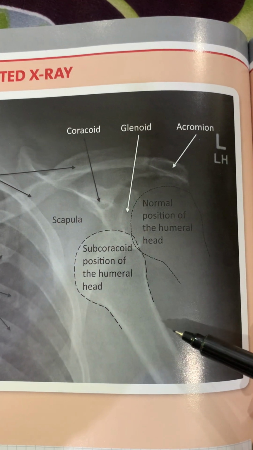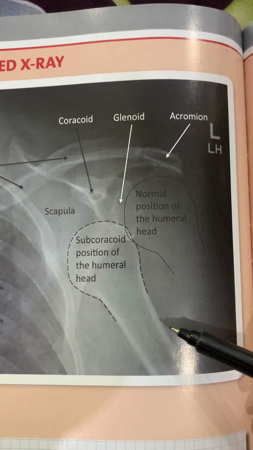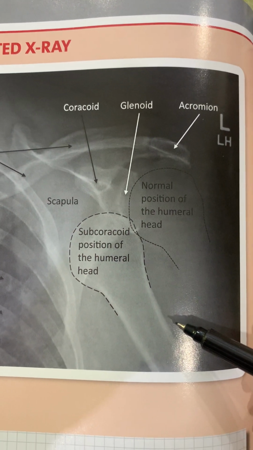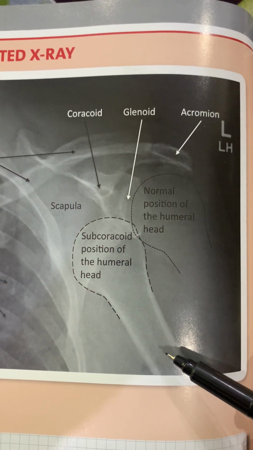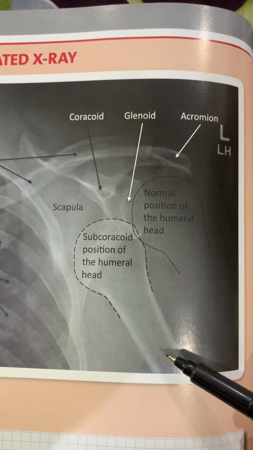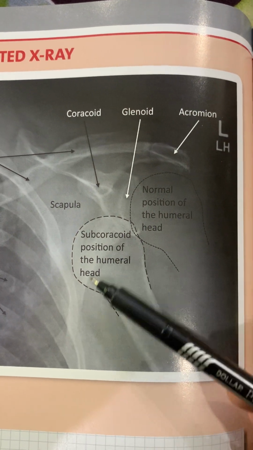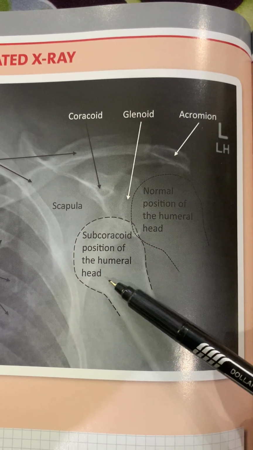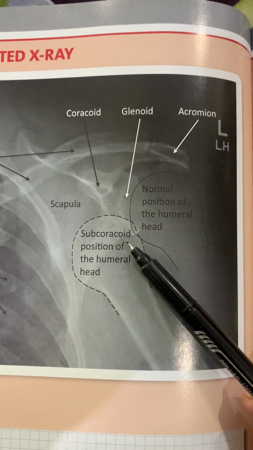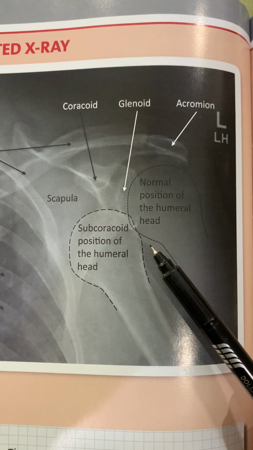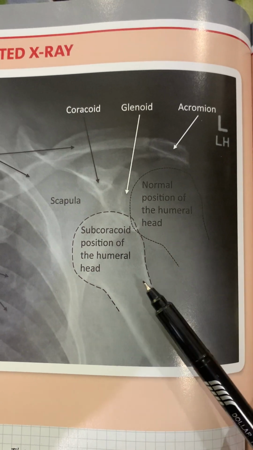We will present our findings: this is an AP X-ray of the left shoulder of a skeletally mature patient, and the X-ray is adequately exposed with no important areas cut off. The most striking abnormality is the abnormal location of the humeral head lying in a subcoracoid position, and this finding is in keeping with an anterior glenohumeral joint or shoulder joint dislocation.